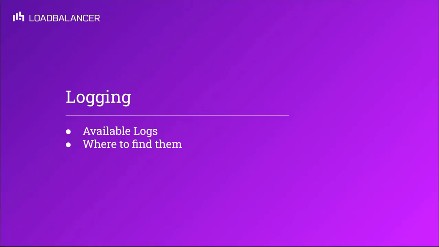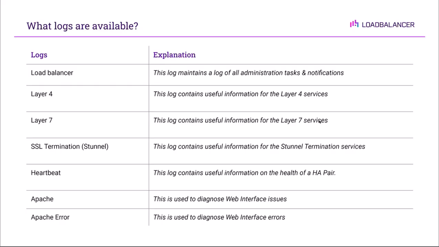What is very important for all the troubleshooting is obviously the logs that are available in the load balancer. So in the web UI, you can see logs named such as load balancer, which will have the log of all the administration tasks, all the notifications that you have seen. So any prompt that you might have seen and possibly disappeared will be recorded over there as well. Layer 4 shows you the information about the layer 4 services such as failed health checks, for example.